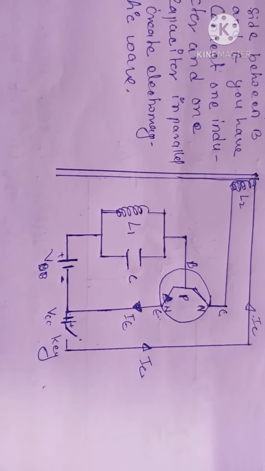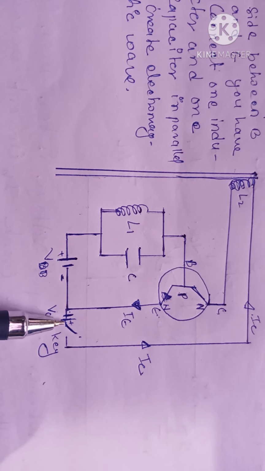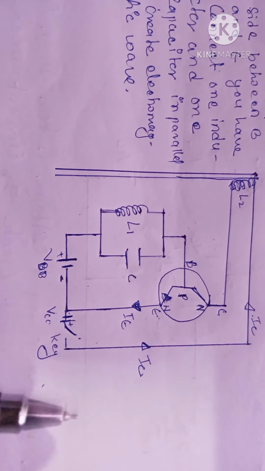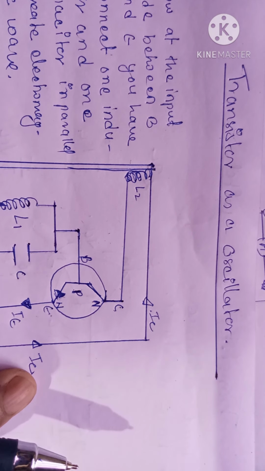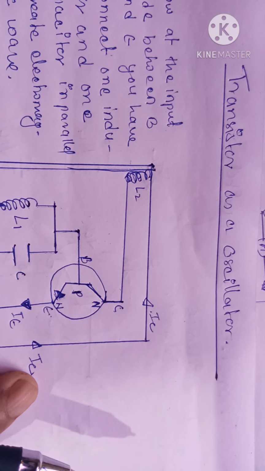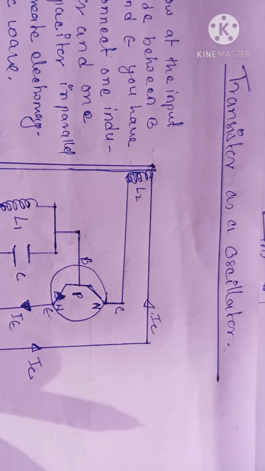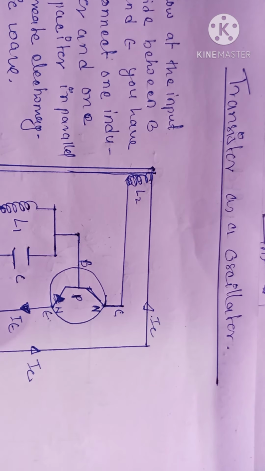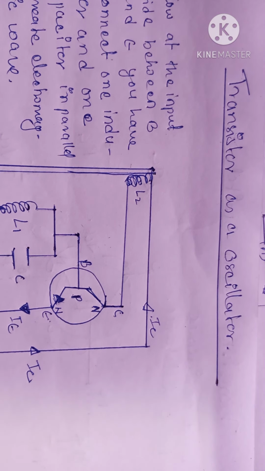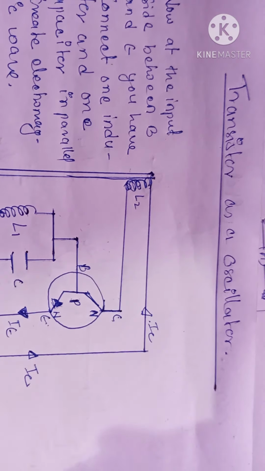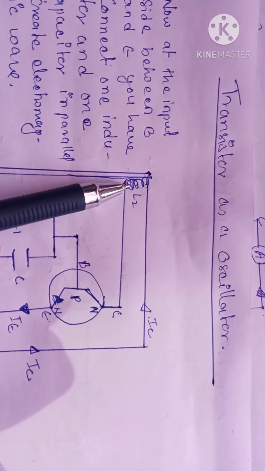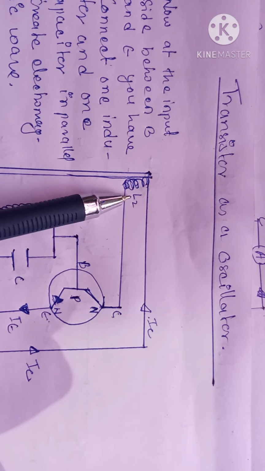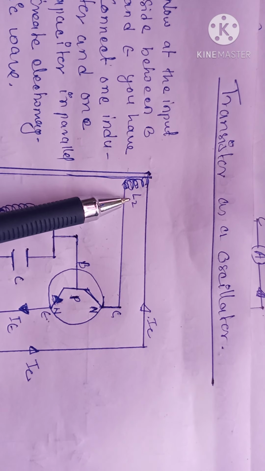When the key is tapped, the collector current IC starts to flow. Because of this positive sign, IC goes through inductor L2.